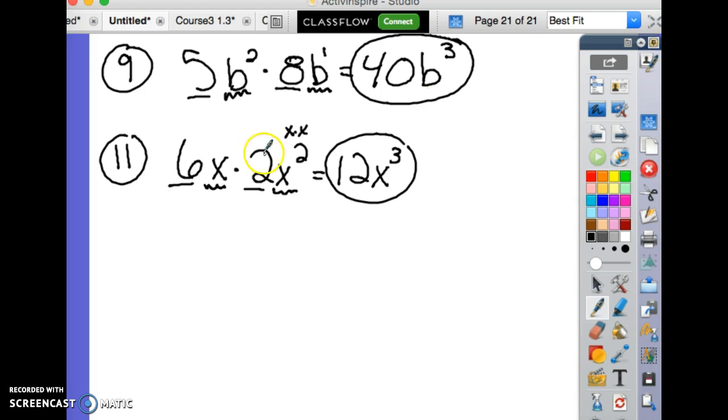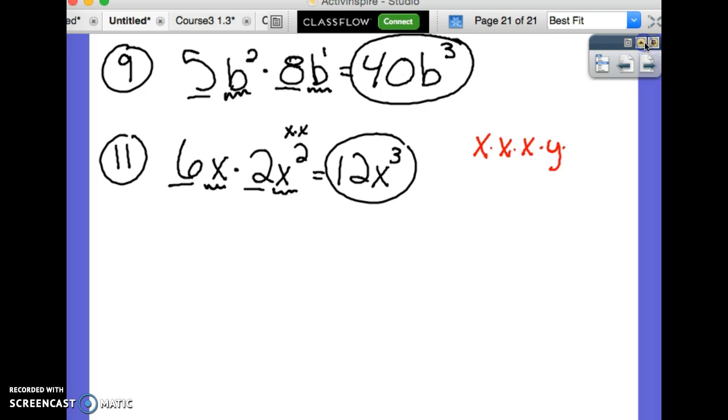Okay, and this is not new. We just did that scavenger hunt in the hallway, and it said to write this with exponents. And you did that. There were 3 x's and there were 2 y's. Well, this is 1, 1, 1. 1 plus 1 plus 1 is 3. 1 plus 1 is 2. You've done this. But now we're just making it look a little different because we put different numbers here besides just a 1.